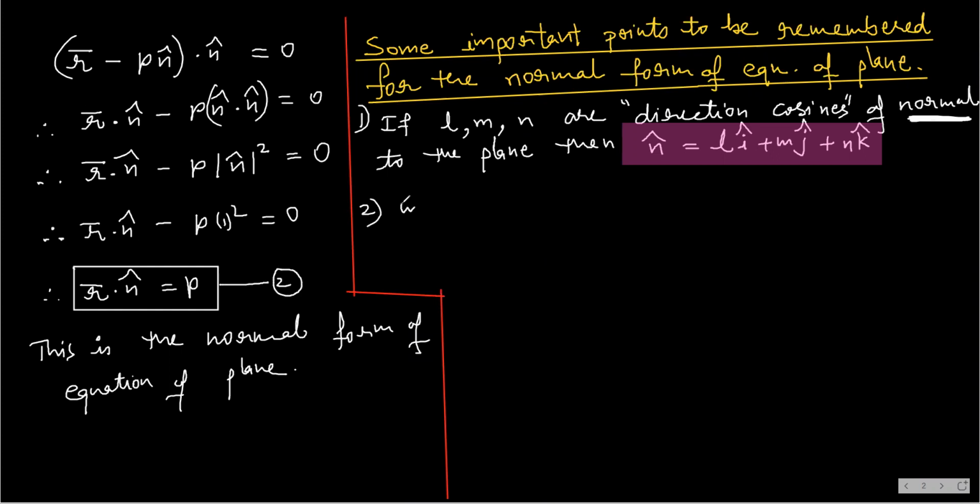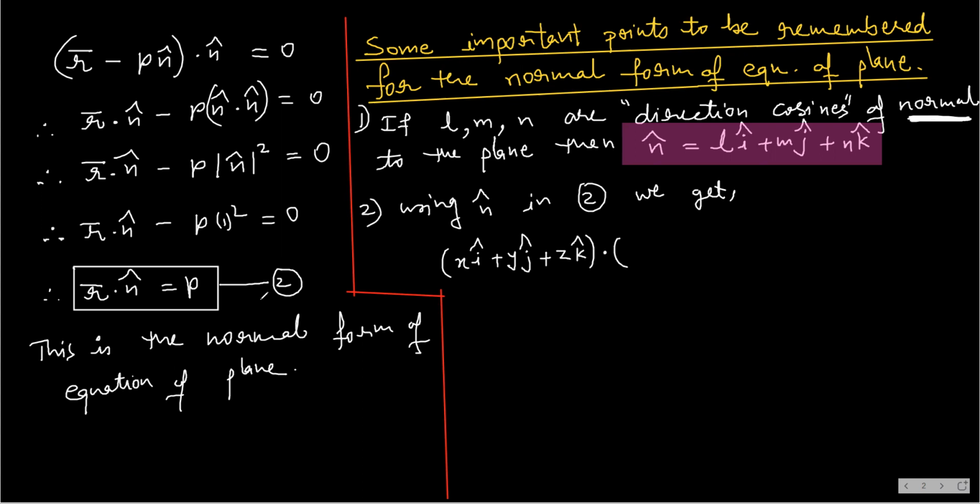Using n cap in two, you will get r bar, which is xi cap plus yj cap plus zk cap, dot n cap, which is li cap plus mj cap plus nk cap, equals p.